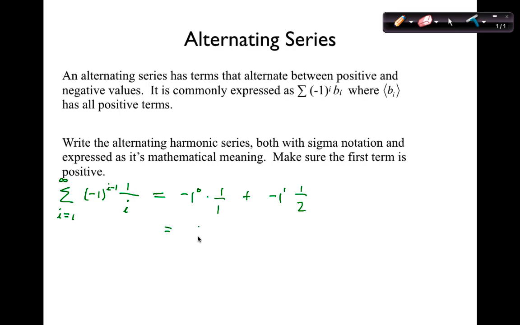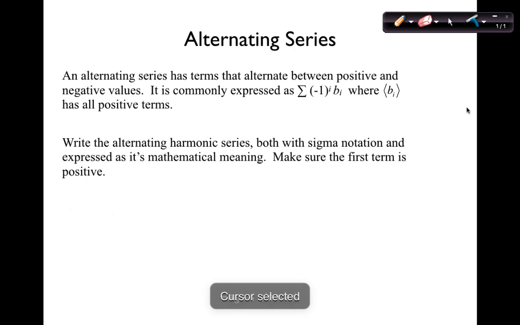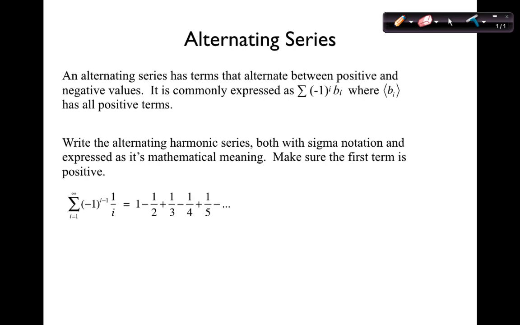So it's what? 1 minus a half plus a third, alternating harmonic series. Does it make sense? We good? So that's what we said.